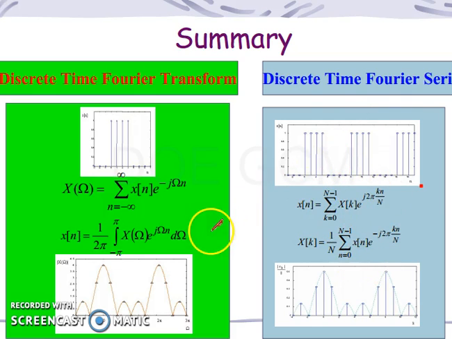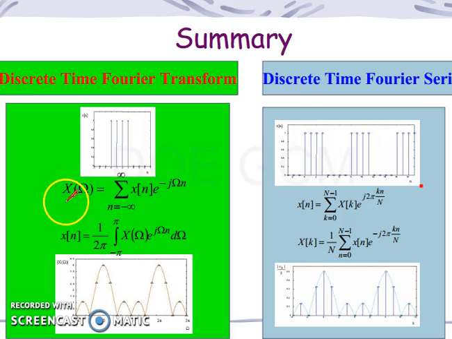Going from the frequency domain to the time domain, we use this equation. Similarly, for an aperiodic signal which is discrete in time, we use the discrete time Fourier transform method. Since the signal is discrete, we get a periodic spectrum, but since the signal is aperiodic, we get a continuous spectrum.